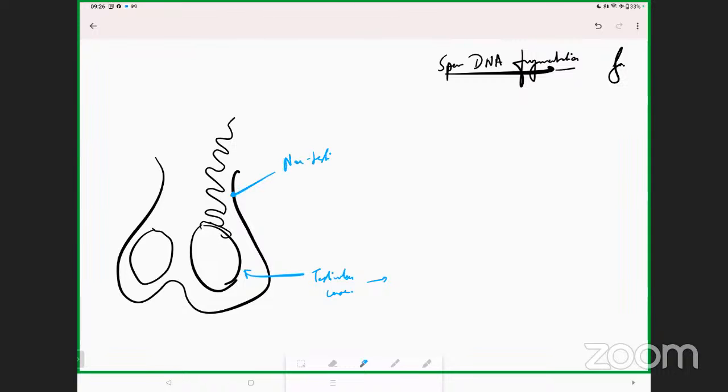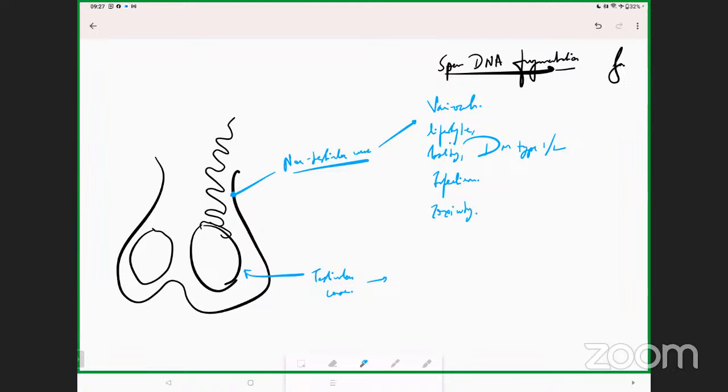Let me divide them. A non-testicular cause is going to predominantly include varicocele, lifestyle factors, which in our country very commonly means obesity, diabetes mellitus type 1 and type 2, infections and toxicity. A testicular cause is basically when all these parameters are absent. When none of this is present, then you must probably suspect a testicular cause.